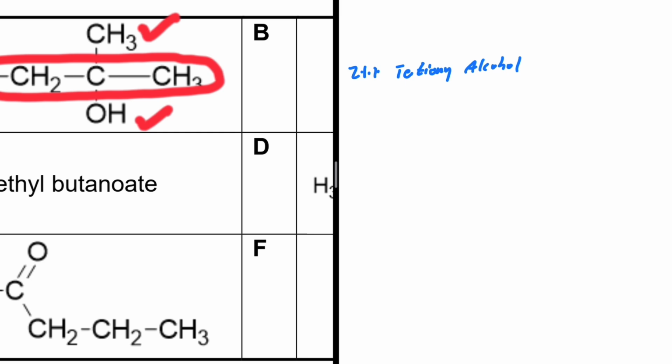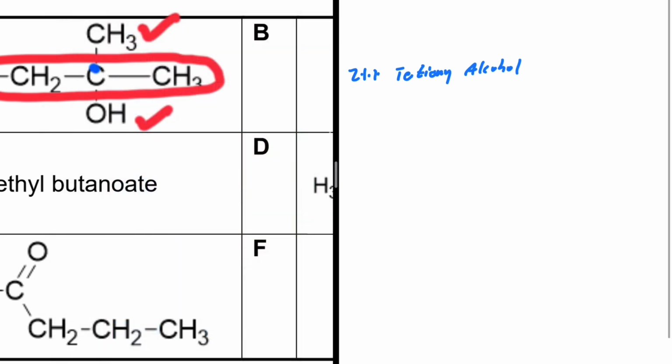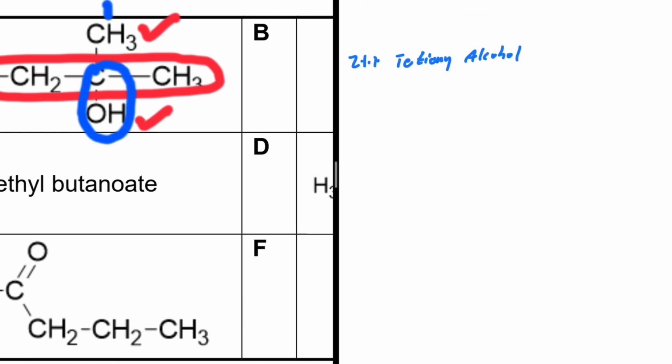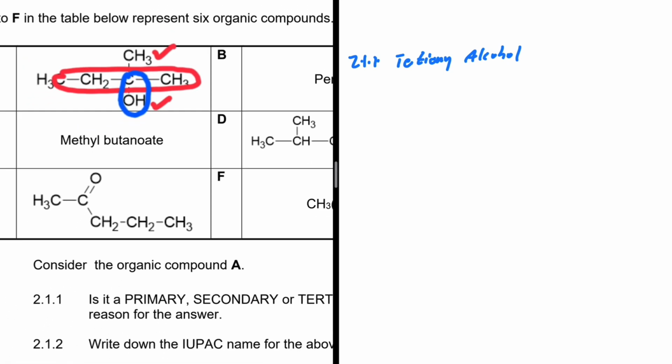It is because, take a look at this carbon that is bonded to OH. The carbon that is bonded to OH is bonded to 1, 2, 3 carbons, right? So if the carbon that is bonded to OH is bonded to 3 carbons, it makes it a tertiary alcohol.